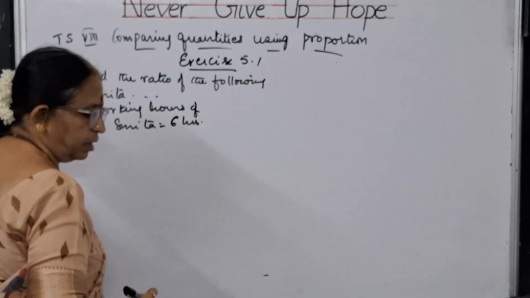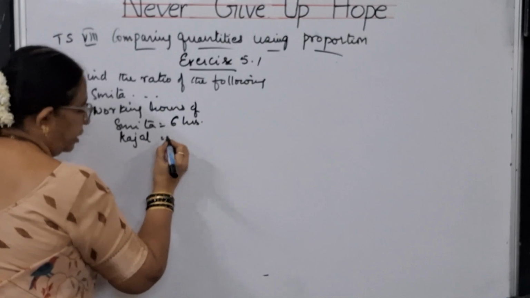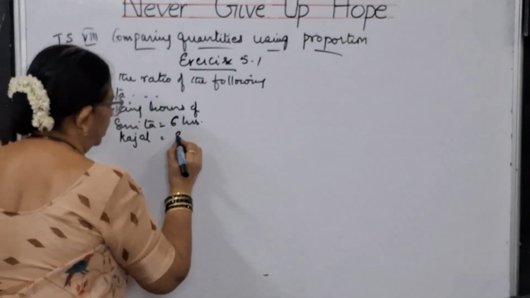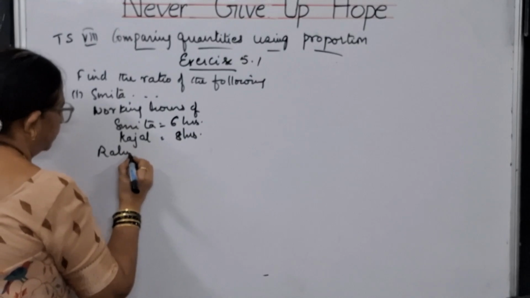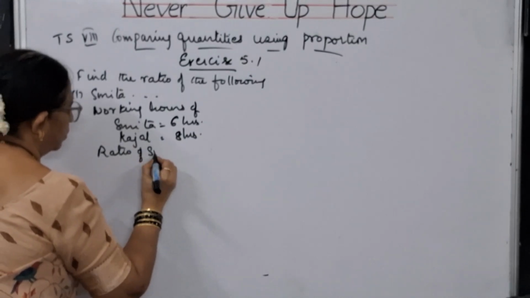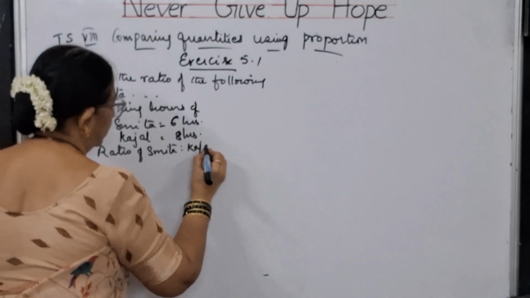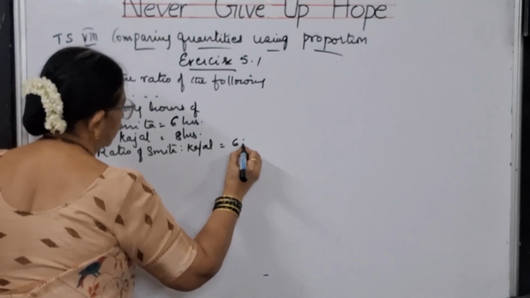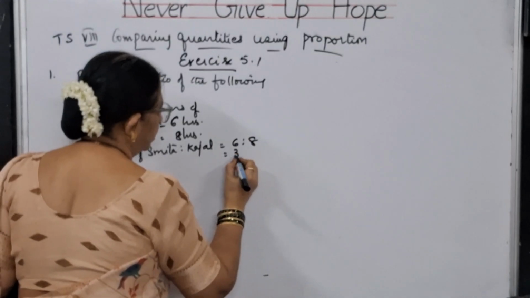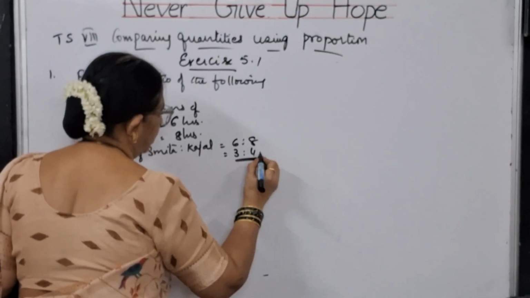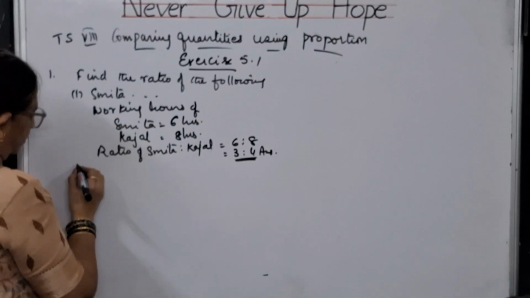And Kajal, how many hours she is working? 8 hours. So you want to find out ratio. Ratio of Smita is to Kajal, their working hours, is equal to 6 is to 8. 6 is to 8 means 2 threes are, 2 fours are. So 3 is to 4 is the answer for this first bit.